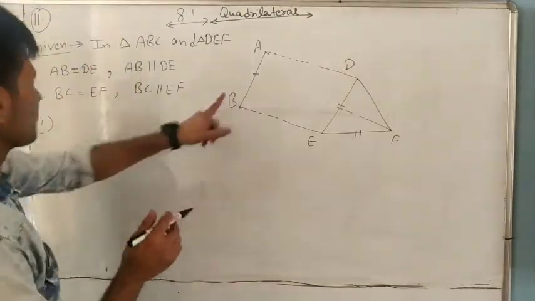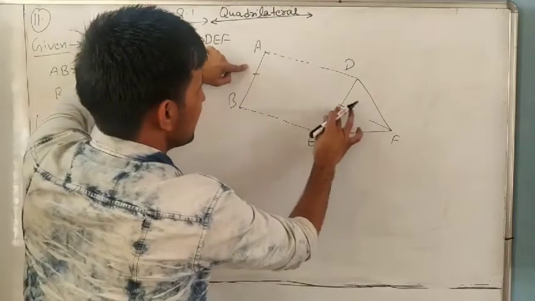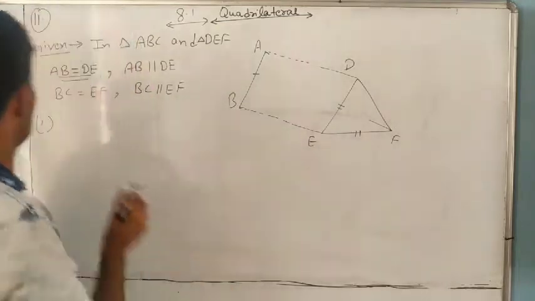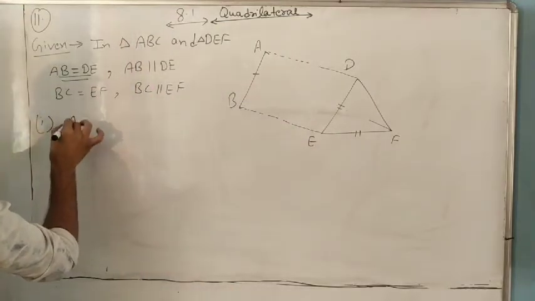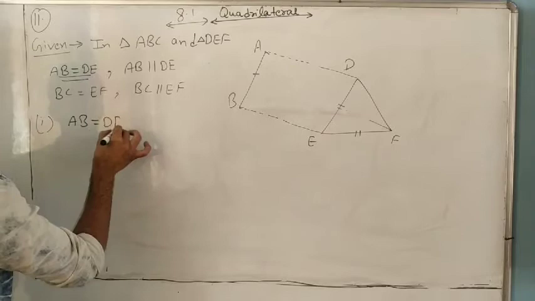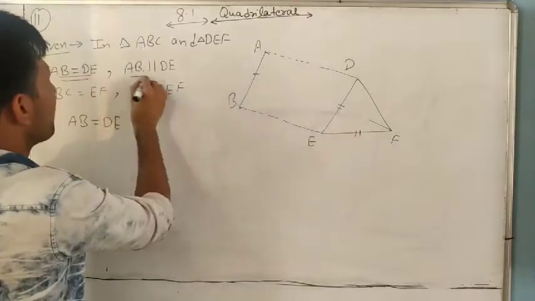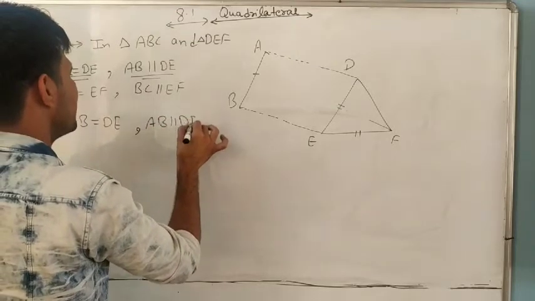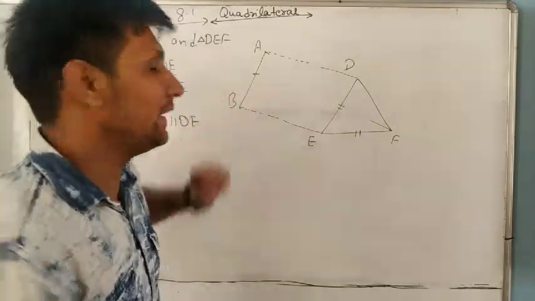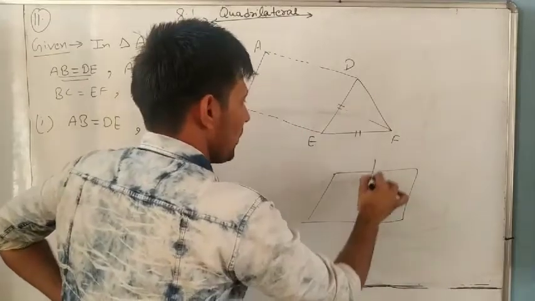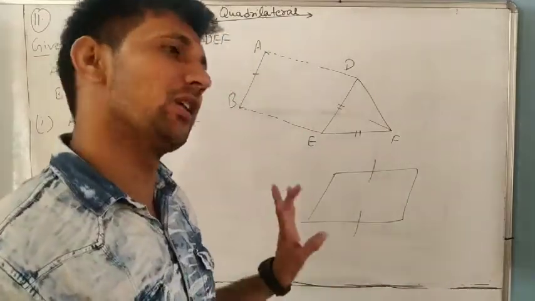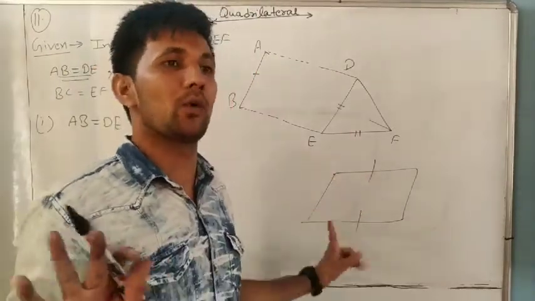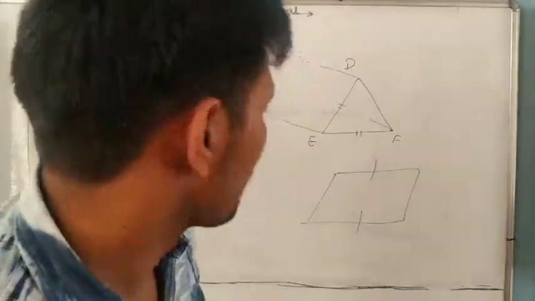So you can write: in the question AB equal to DE is given, and AB parallel to DE also. And we observe that if in any quadrilateral only one pair of opposite sides is equal and parallel, then it is always a parallelogram. This is the property of quadrilaterals.